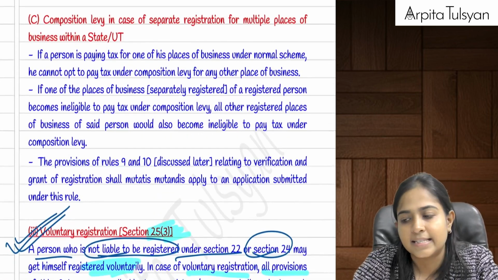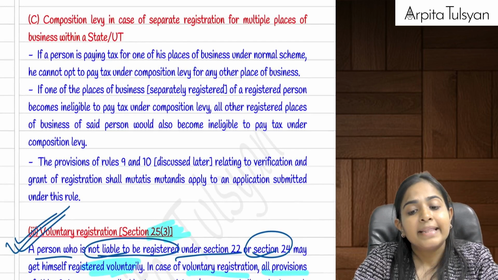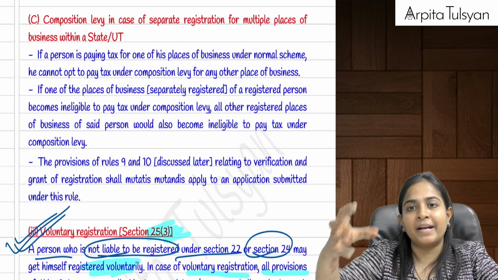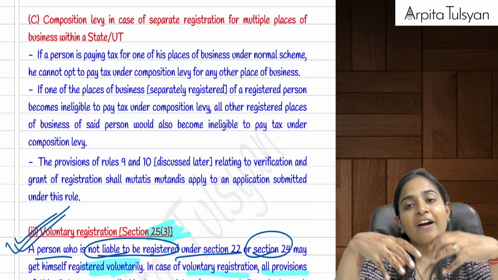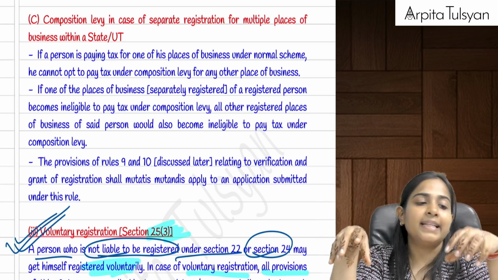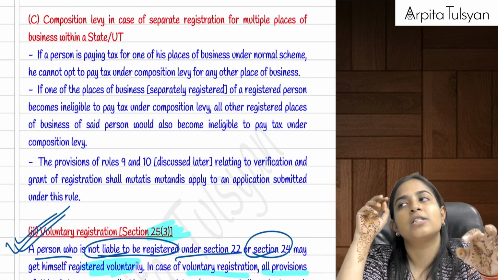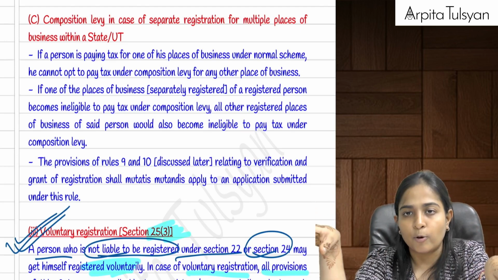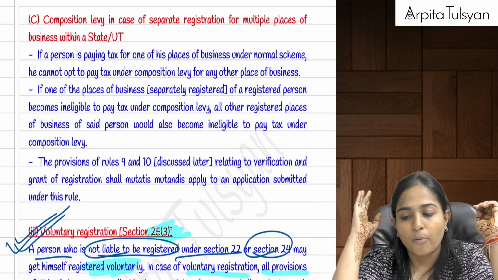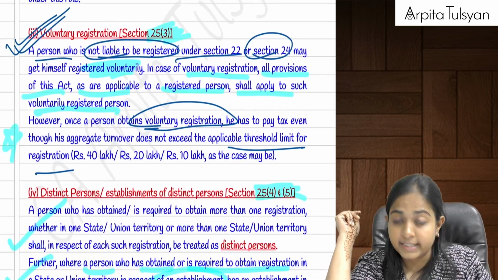We have already considered the example of that also. Then we discussed composition levy. If I have multiple places of business, one office opting for composition scheme and one office opting for normal scheme is totally not allowed. Either everyone will go for normal scheme or everyone will go for composition scheme. This is what we have already studied also.